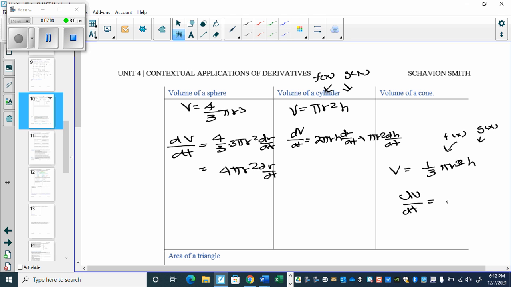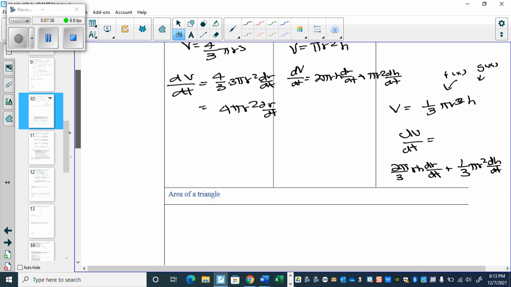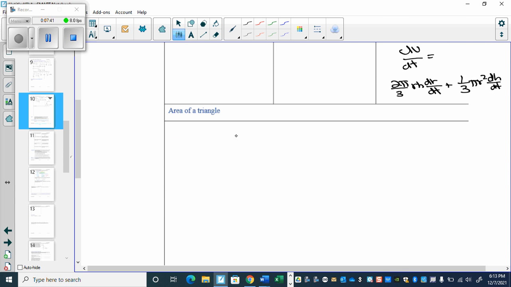So first, f prime of x, which is 2 pi over 3 r h dr dt, plus 1/3 pi r squared dh dt. And this is all with respect to time. We're used to seeing it a different way, but that's with respect to time.